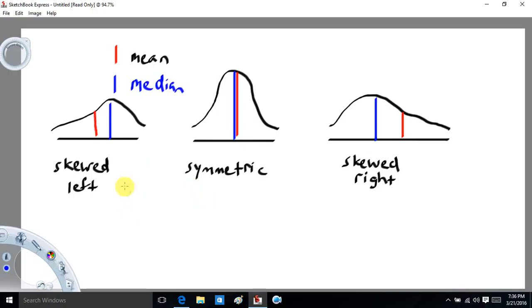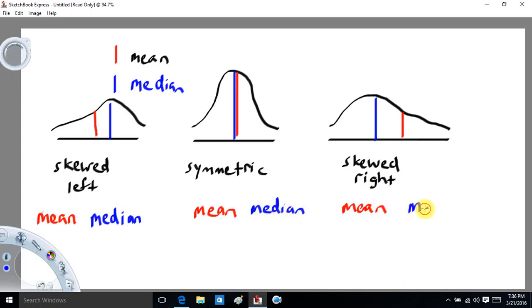Okay, so here the median, or sorry, the mean, and we're going to compare the mean and the median. If the distribution is exactly symmetric, the mean equals the median, so they're the same.